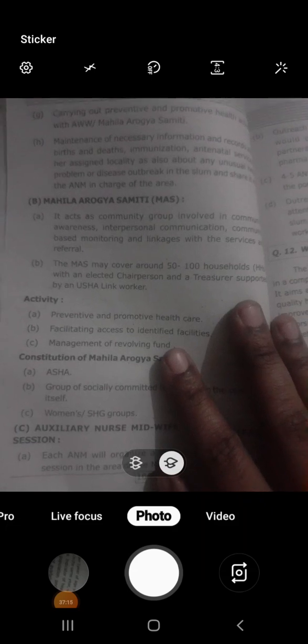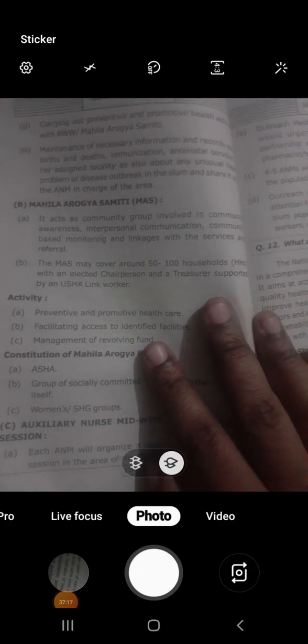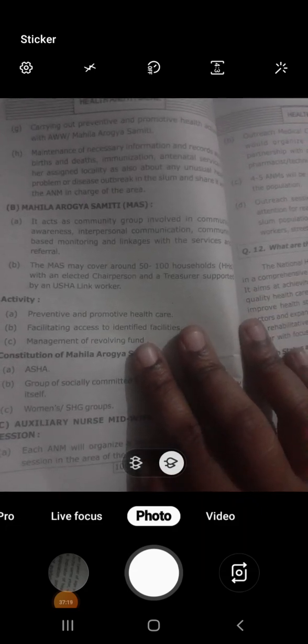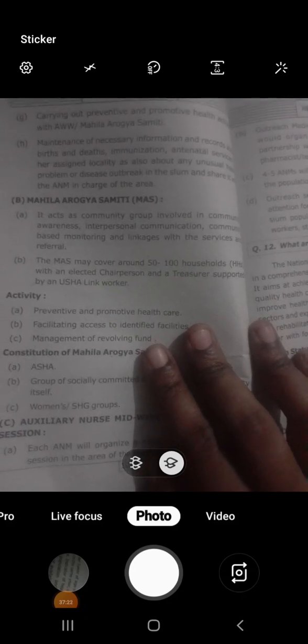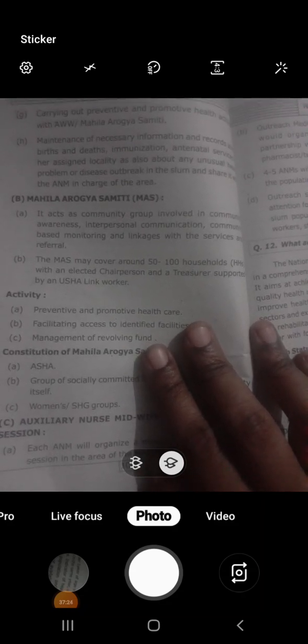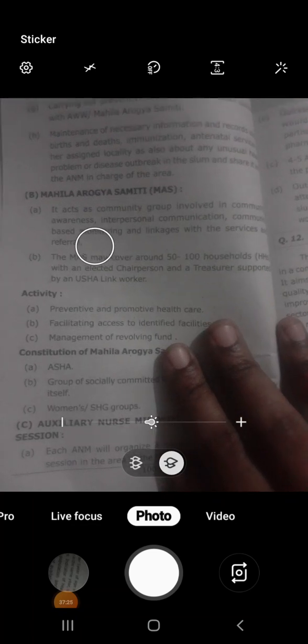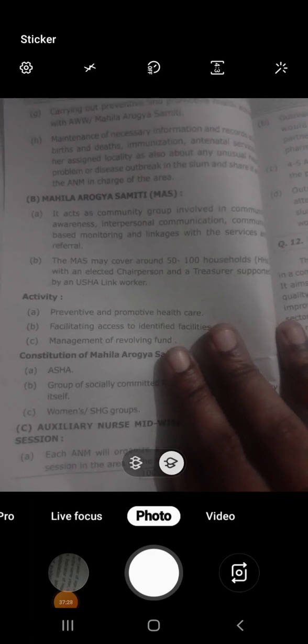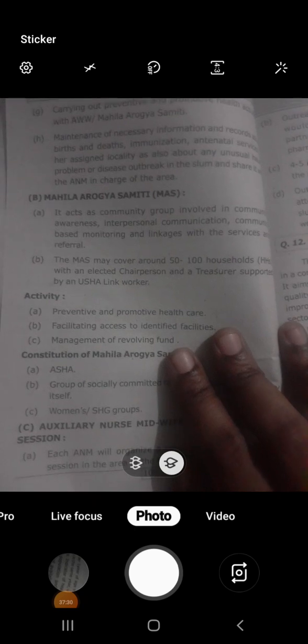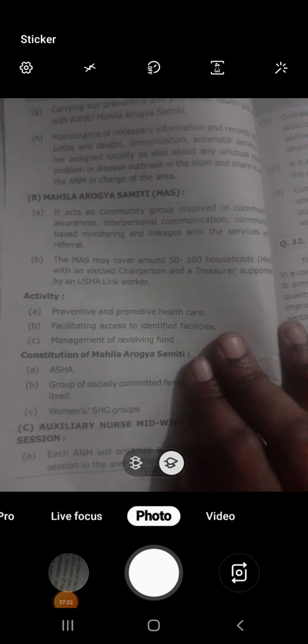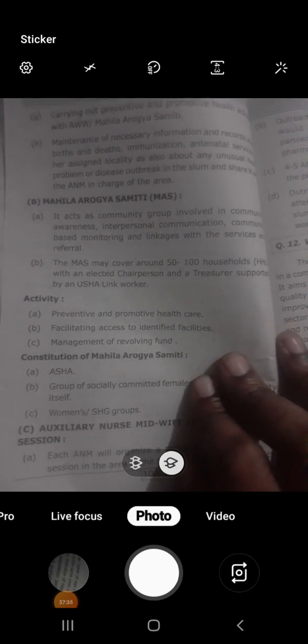Mahila Arogya Samiti. Mahila Arogya Samiti is nothing but interpersonal communication. It will interact with the communities, and it covers around 50 to 100 households. The activity here is to prevent and promote healthcare and facilitate access to identified facilities.